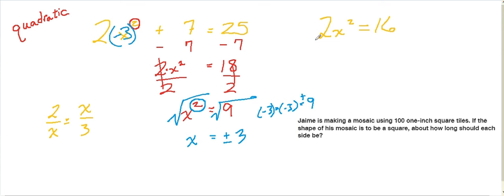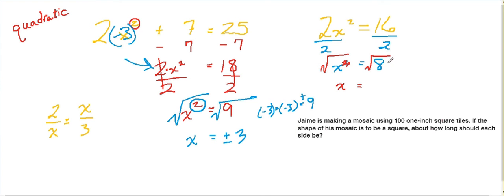Let's try this problem. Okay, we pick up kind of where we were here, dividing by 2, getting me x squared equals 8. Doesn't work as neatly as 9 did. I'm going to end up square rooting this and realizing that it dissolves my exponent 2, but then I've got square root of 8. Are we done?